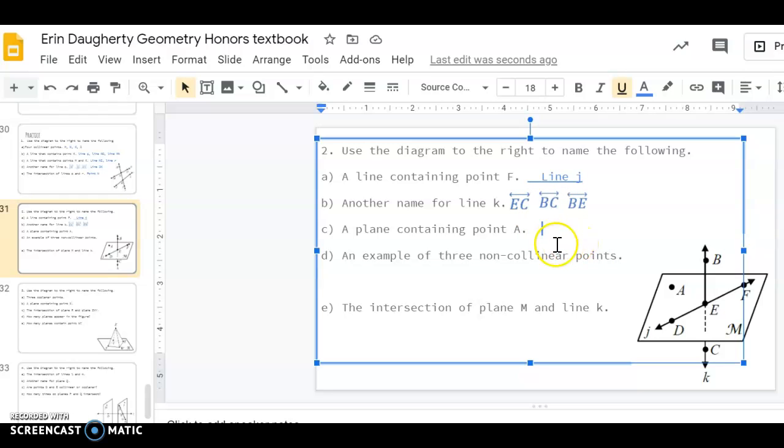Okay, a plane containing point A. So whenever we're talking about a plane, we need 3 points. Okay, or if it identifies itself with a really fancy uppercase letter, that's going to name the plane. So I see that uppercase letter, so I'm going to go ahead and do that. So plane M. All right, and I'm going to go ahead and italicize that.